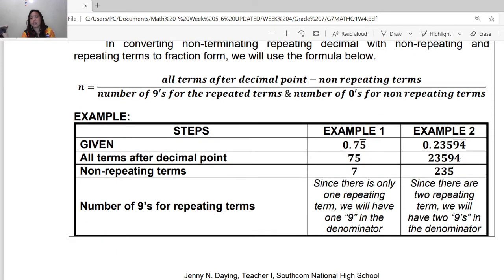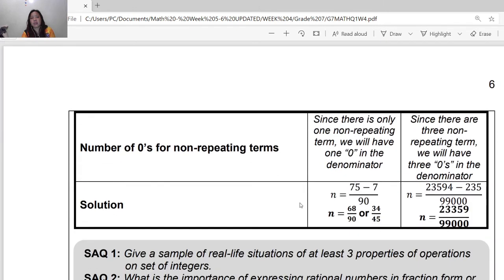Okay, next one. Another is the number of zeros for non-repeating terms. Since there is only one non-repeating term, we will only have one 0. So again, this is the number after the decimal, which is 75, minus the non-repeating term, 7, over one repeated term and one non-repeated term.